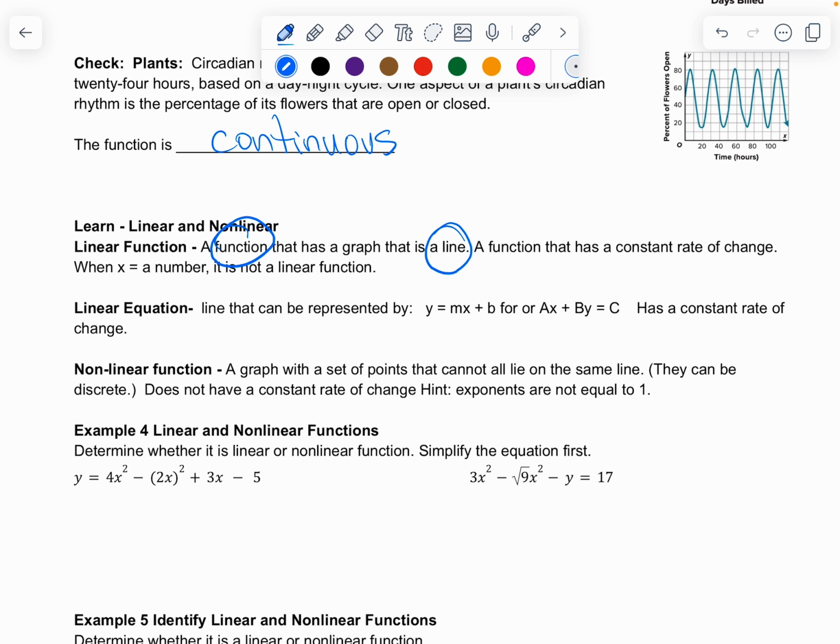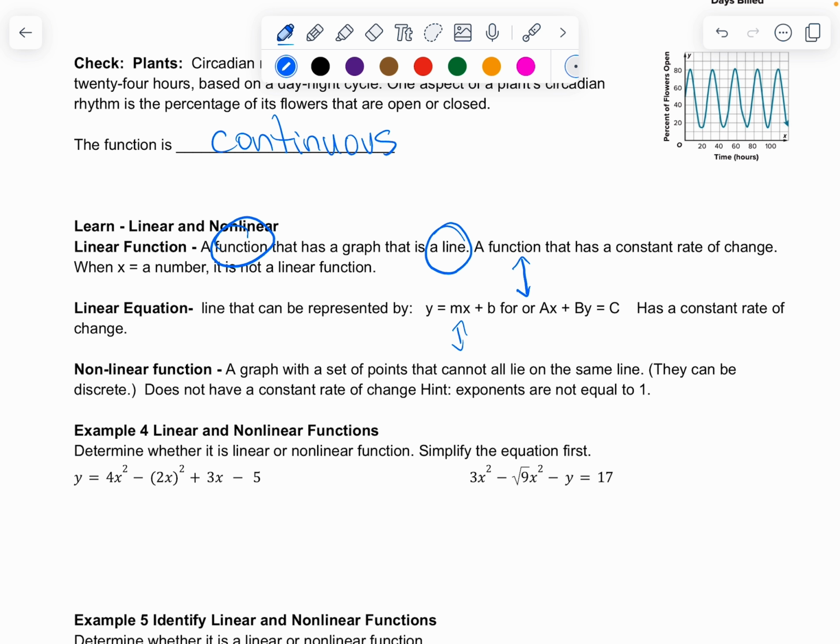Right here, when x equals a number, that's not a function because it is a vertical line. So that means that it is not a function when x equals a number. A linear equation can be the vertical line, it is an equation. It's just not a function.